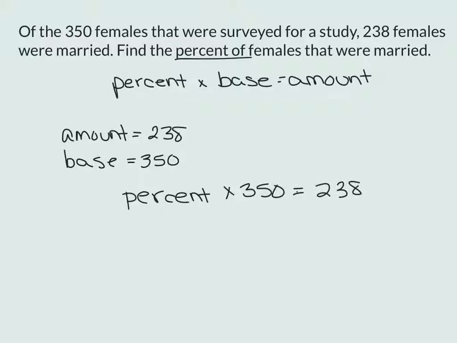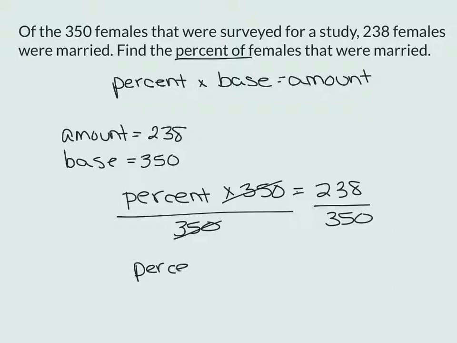Now to get the percent by itself, I need to divide both sides by 350. These will cancel on the left side, so the percent is equal to 238 divided by 350. When you do this on your calculator, you'll get 0.68.